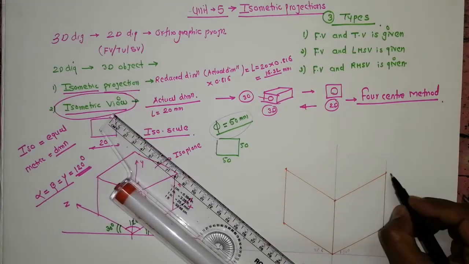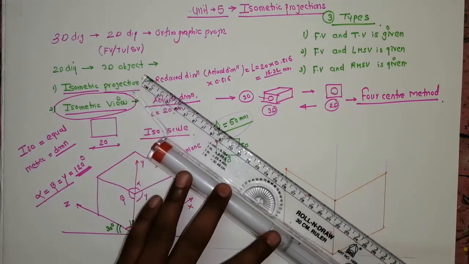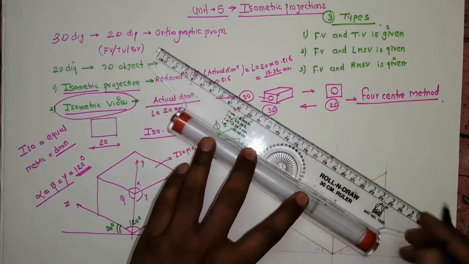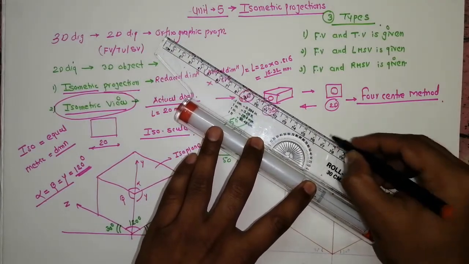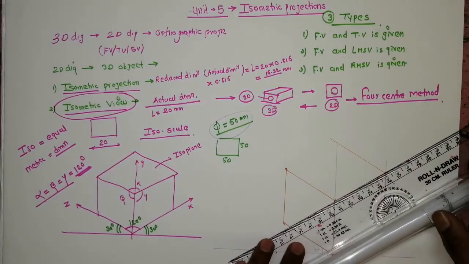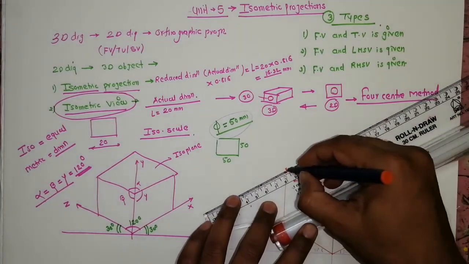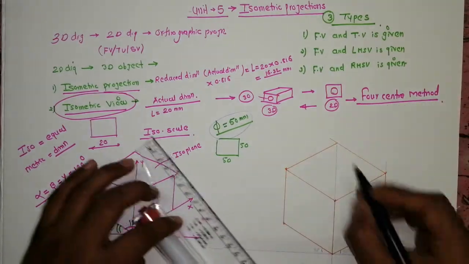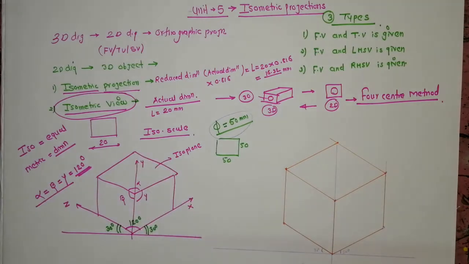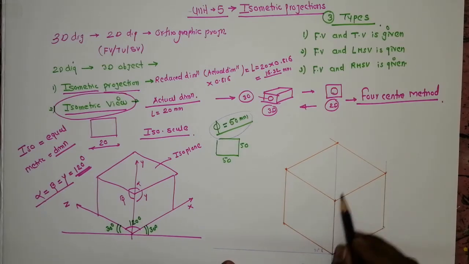Now from this intersection parallel to this line, and from this parallel to this. Okay, so we have constructed the three-dimensional box where we got now the three isometric planes. So this is 1, 2 and 3.